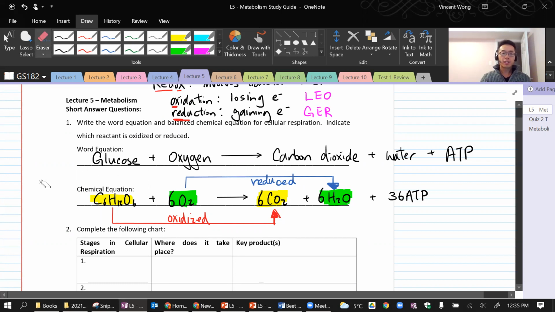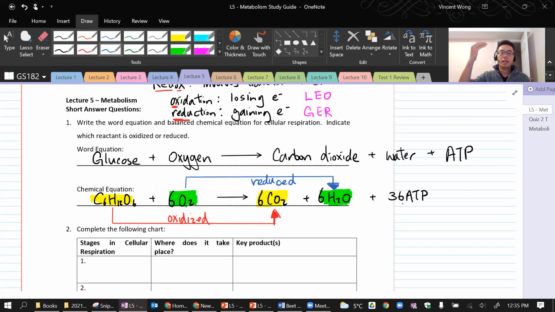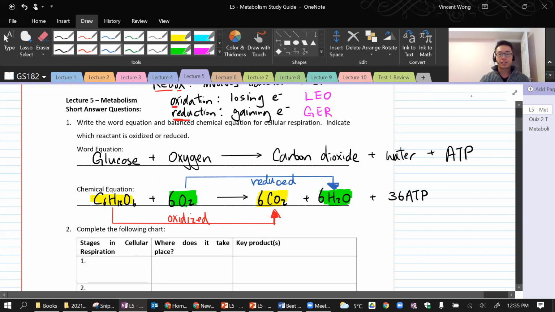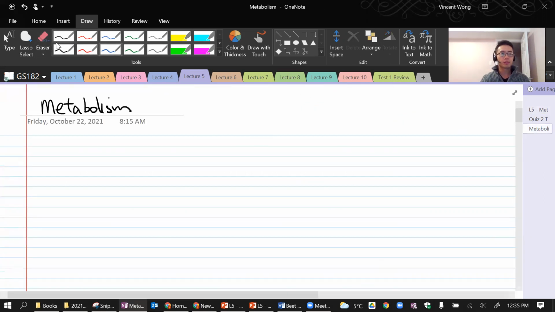Now, even though this is a single chemical reaction, right, glucose doesn't actually become carbon dioxide in one single step, right? There are actually many smaller steps in between, and we can break down the entire equation into 4 distinct phases. So I'm gonna review that with you.